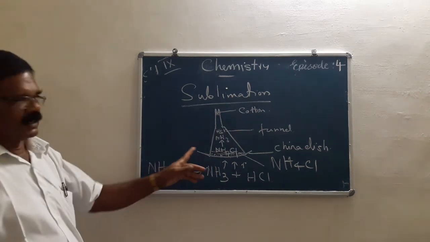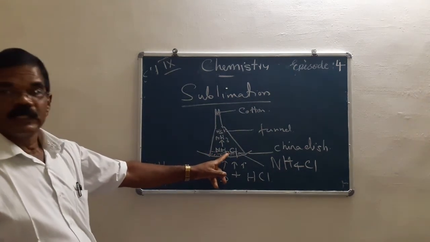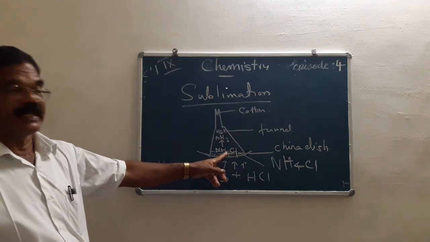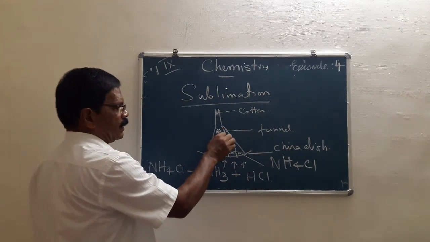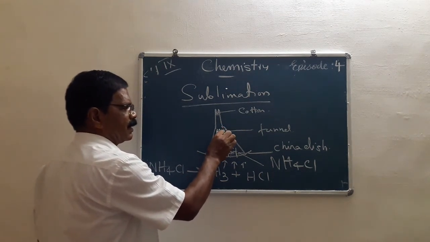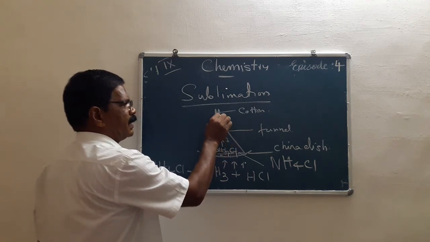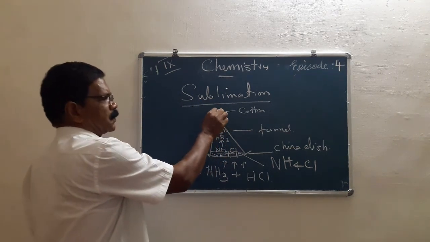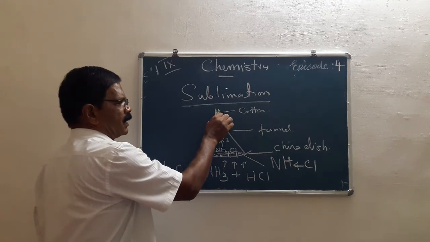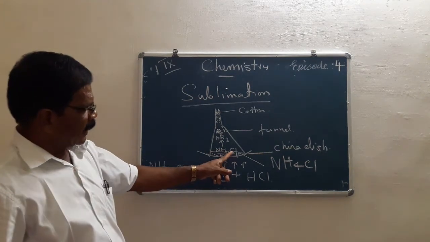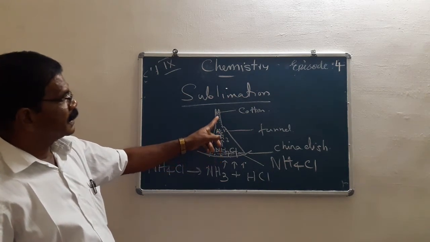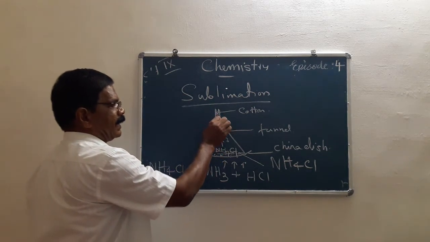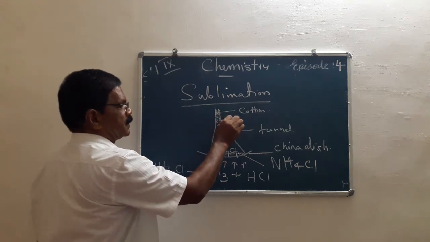NH3 plus HCl go upwards and cannot go out, because the way is closed. Here we can also see white crystals of ammonium chloride. Ammonium chloride decomposes to ammonia and hydrogen chloride gases. These cannot escape, so at the tip they again combine to give NH4Cl.